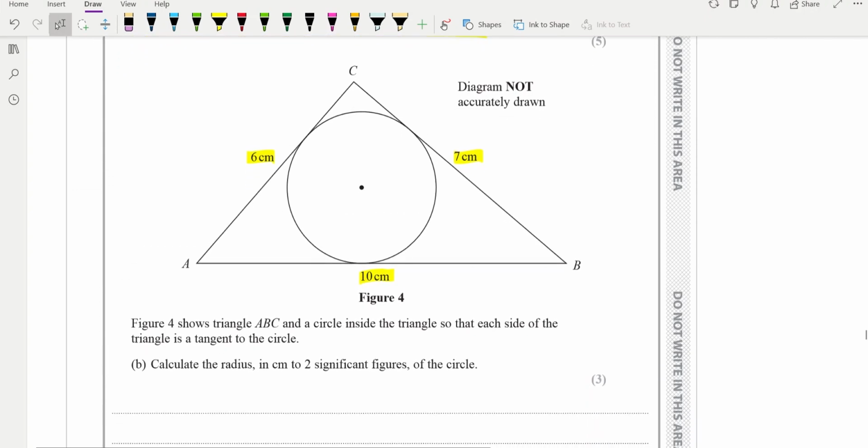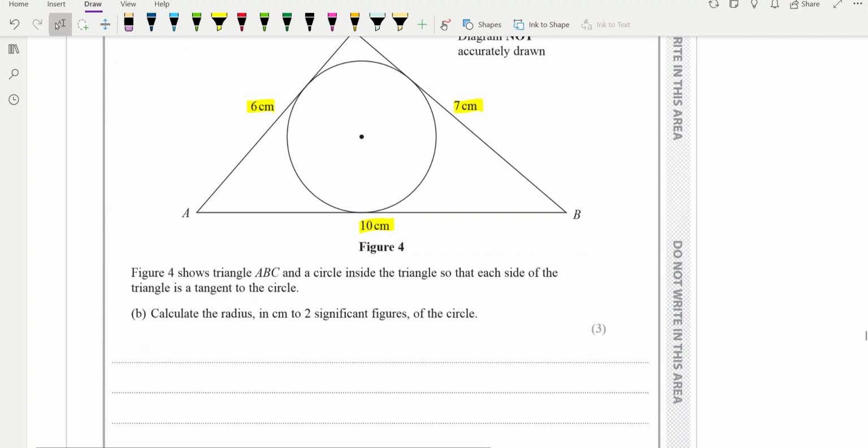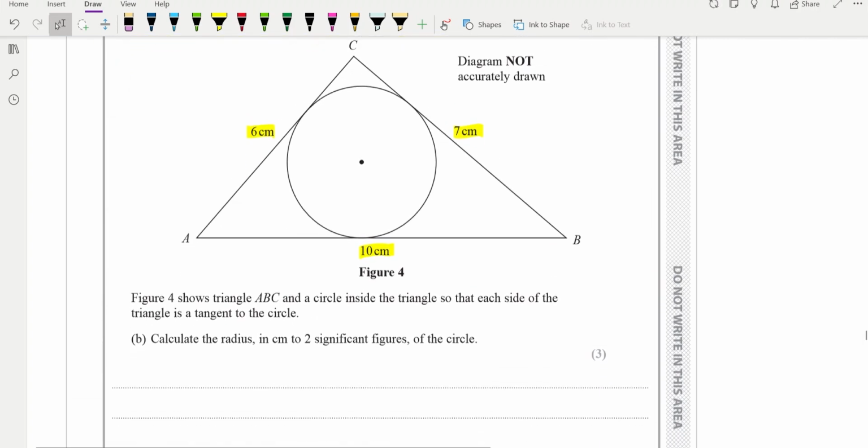We need to find the area, and for finding area we can use the sine rule, but for the sine rule we need an angle which we don't have. We can use the cosine rule to find this angle, which we can take as theta. So we can find this theta by the cosine rule.